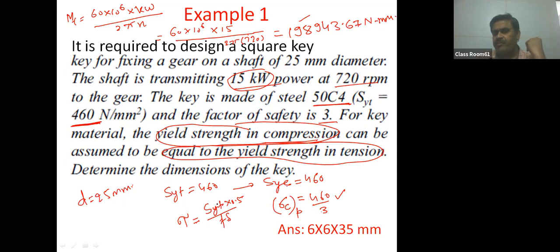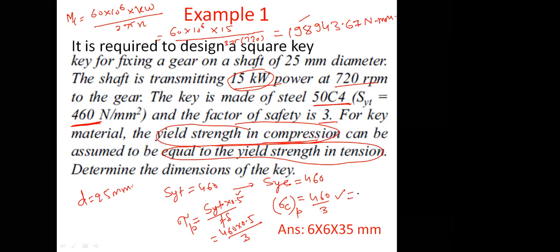If S_YT is available, then you have to find S_YS, the yield strength in shear, and yield strength in shear is half of S_YT. So I have multiplied by a factor of 0.5, then divided by factor of safety, and it will give you the permissible shear stress. So it will be 460 into 0.5 divided by 3. Please solve sigma_C also and shear stress also.